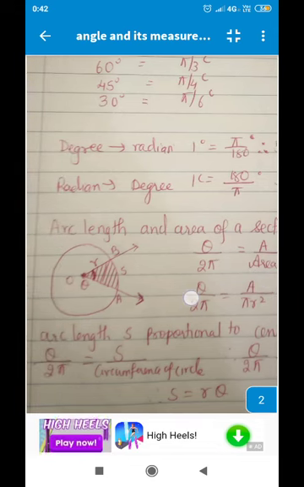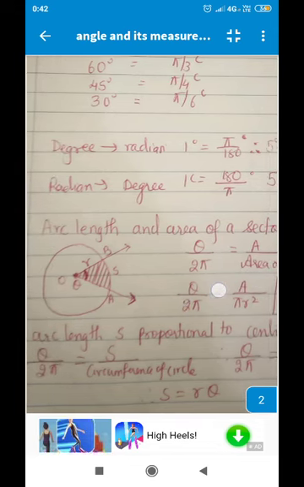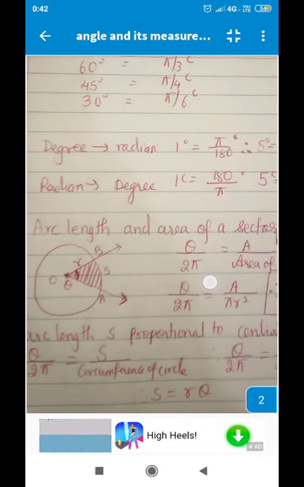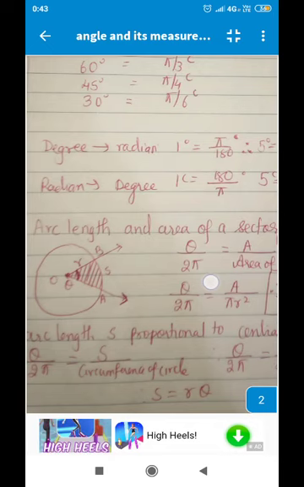You can see the diagram here. S is a small part of the circumference, that is arc AB, which is called the arc length and is represented by the letter S. Then radius r is there.